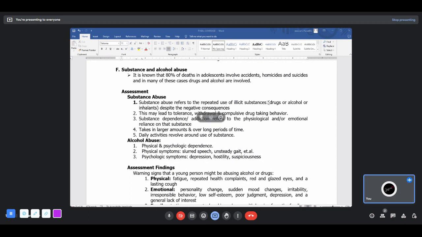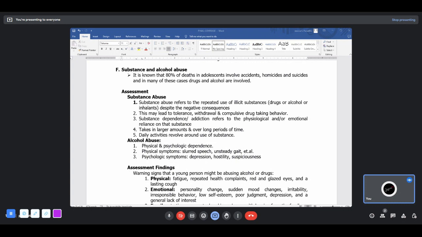And then substance dependence, or addiction, refers to psychological and or emotional reliance on that substance. Takes in larger amounts and over a long period of time, and daily activities revolve around use of substances. So, that is our assessment for substance abuse.